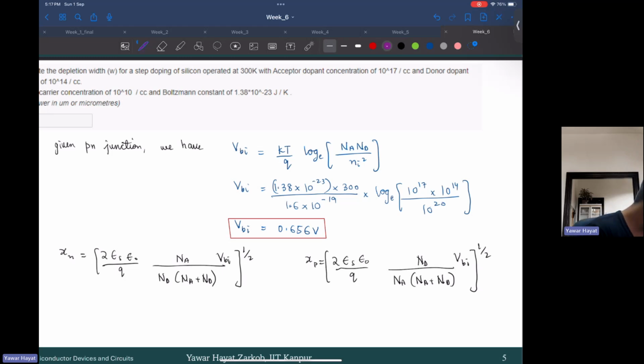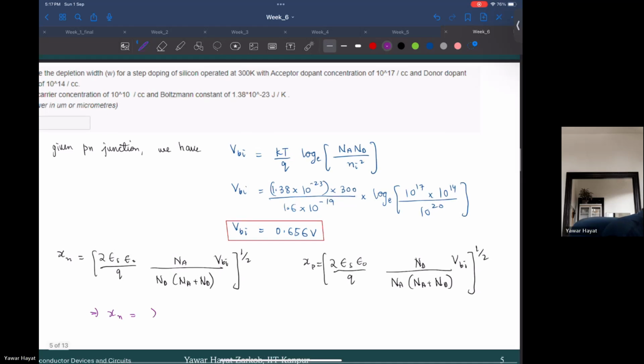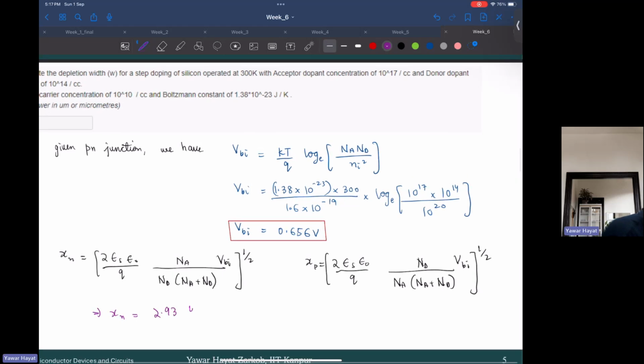If you plug in the values, you'll get Xn as 2.93 micrometer. I wish there was someone in the meeting to verify these, but I don't have one right now.